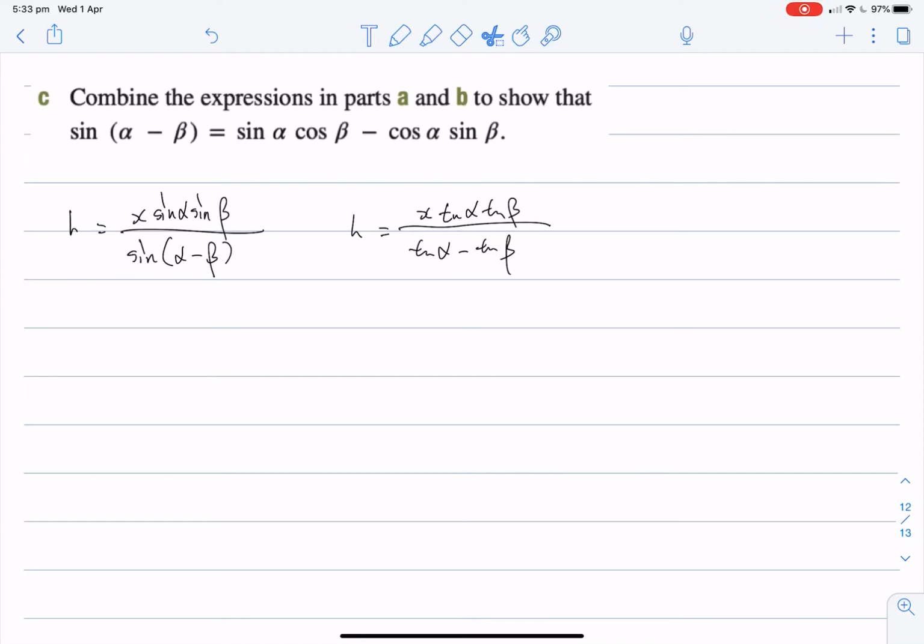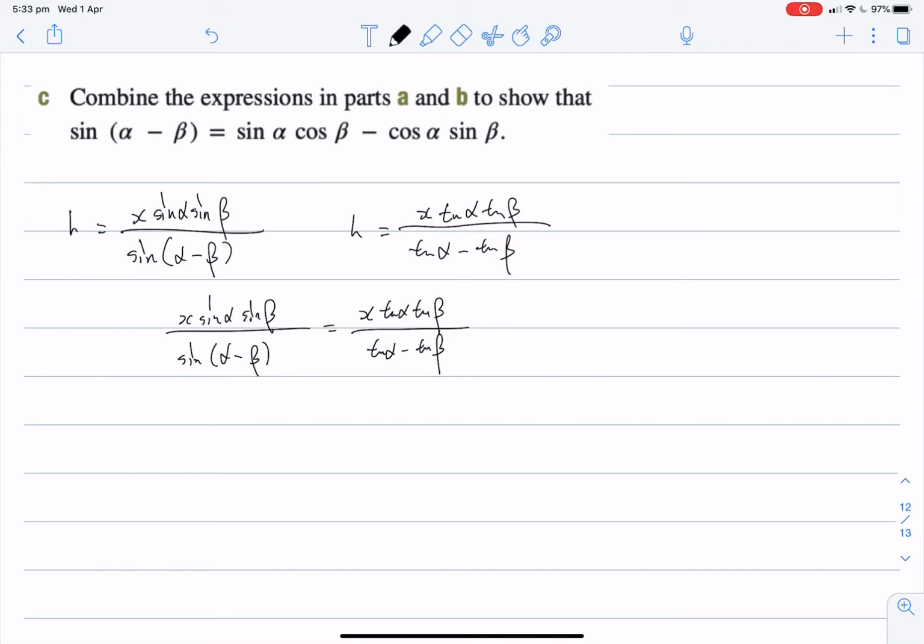So these two equal each other, so x sine alpha sine beta over sine alpha minus beta equals tan alpha tan beta over tan alpha minus tan beta.